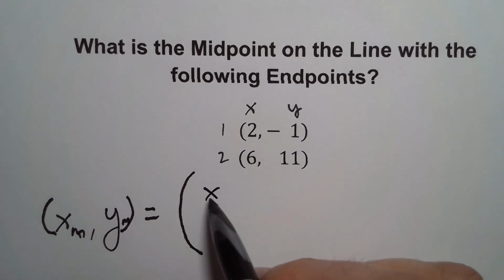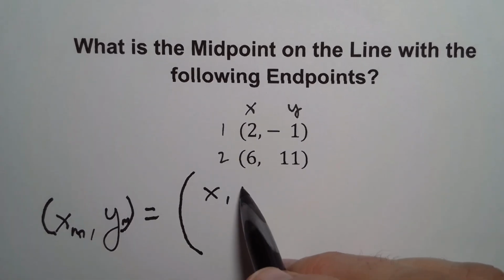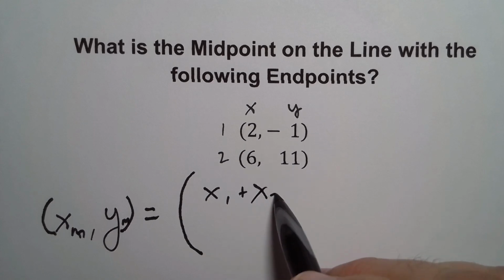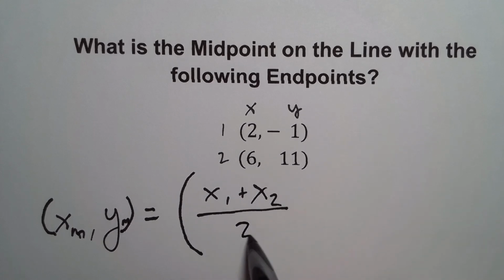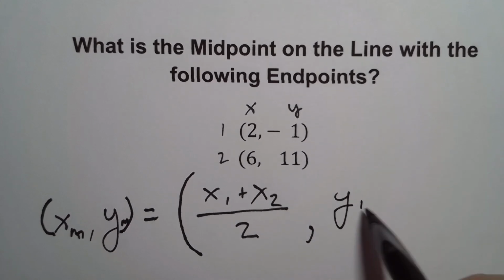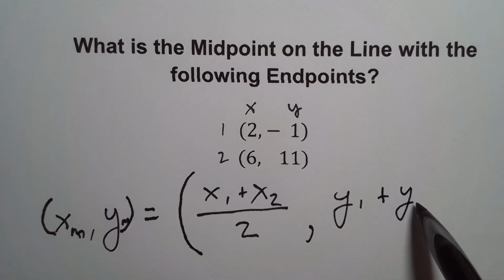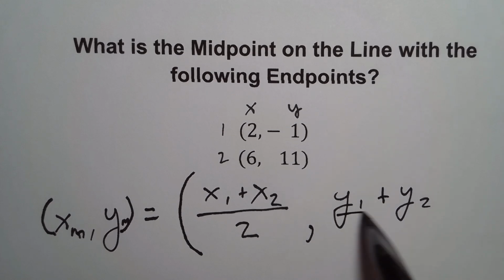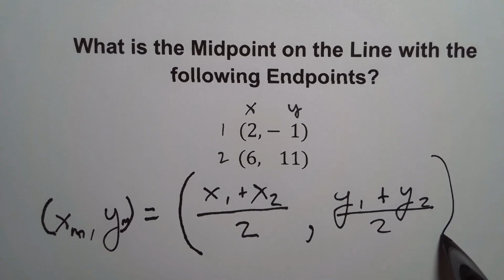We have x sub 1 plus x sub 2 divided by 2, comma, y sub 1 plus y sub 2 divided by 2, and we're going to close that parentheses. That is the midpoint formula.